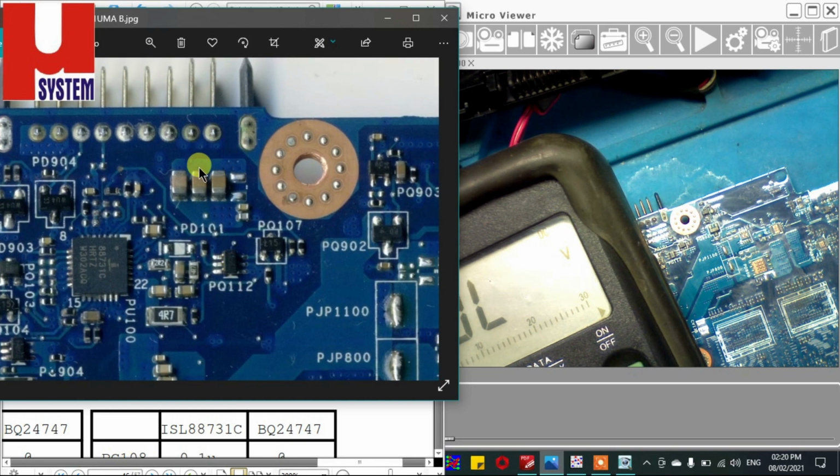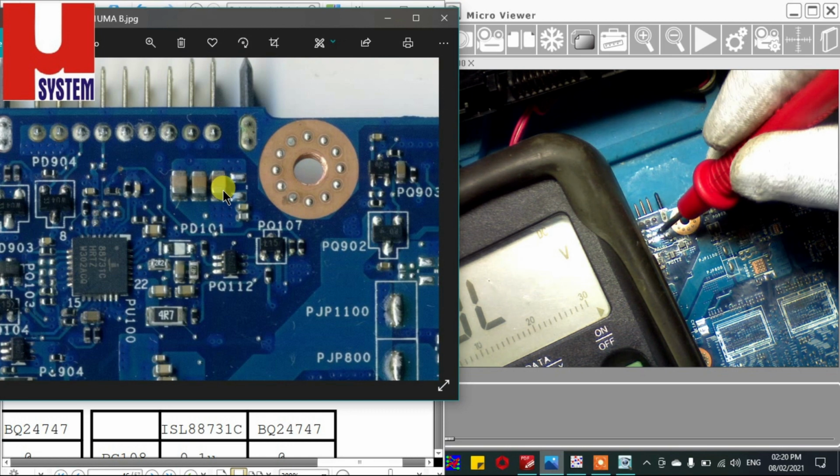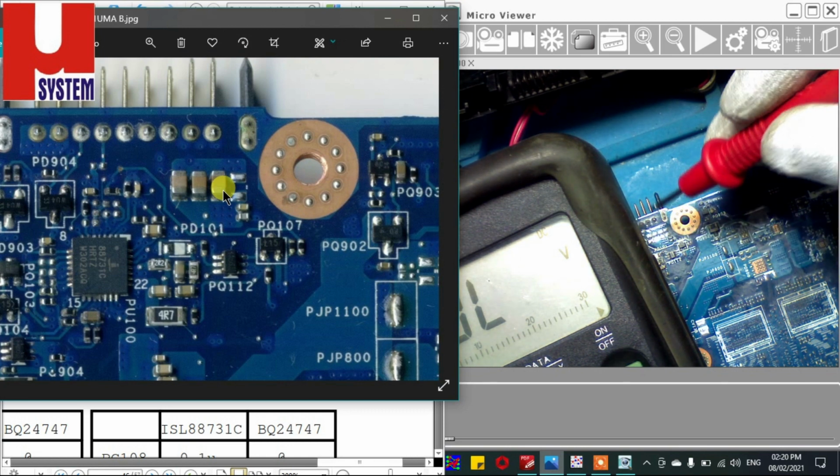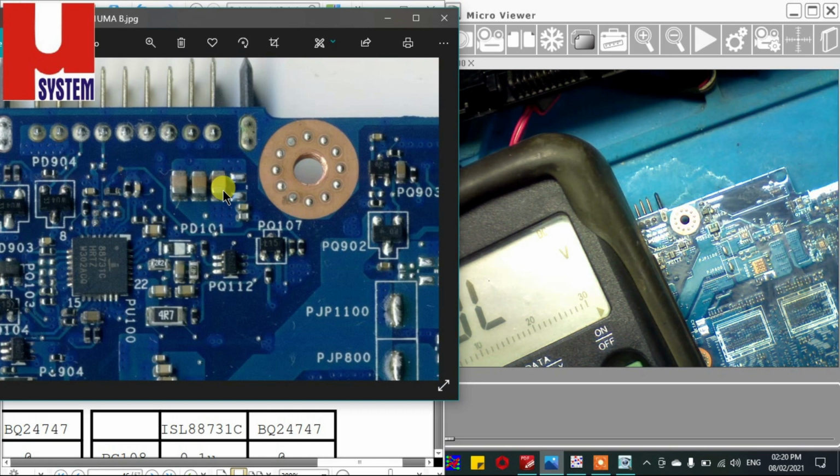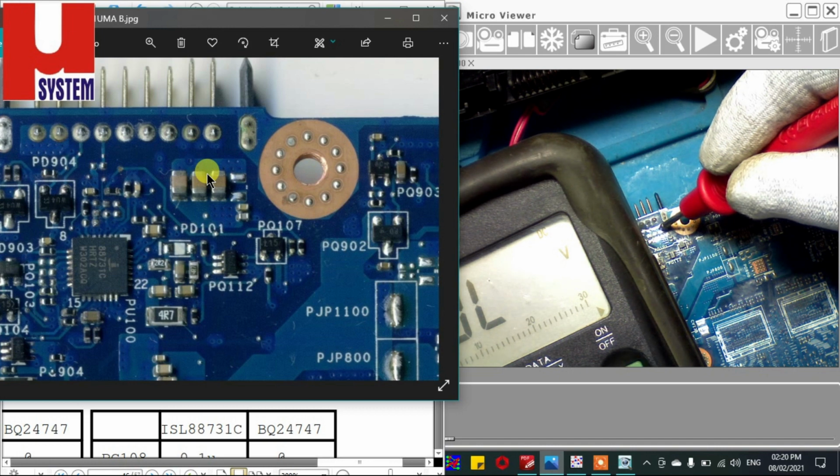I am talking about this point. I can judge what is exactly going on the picture. So I am checking over here. This 4 PF. So this is the ground point.